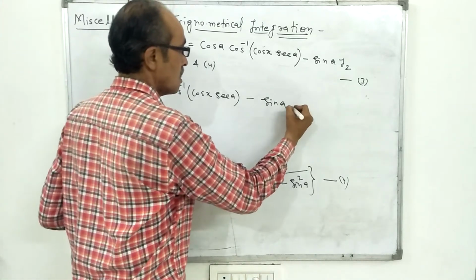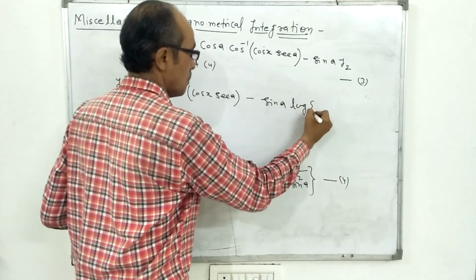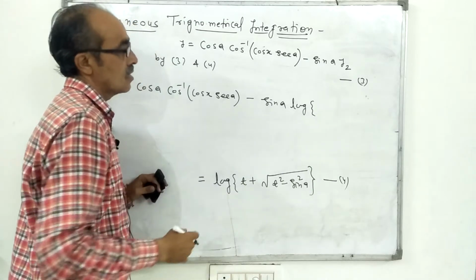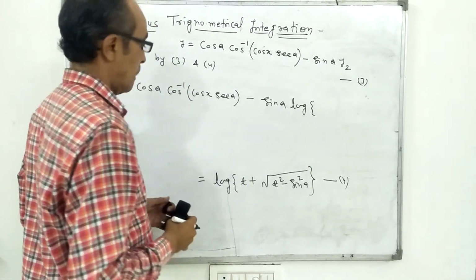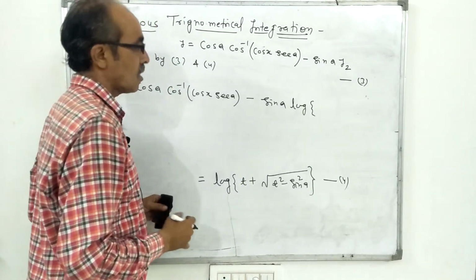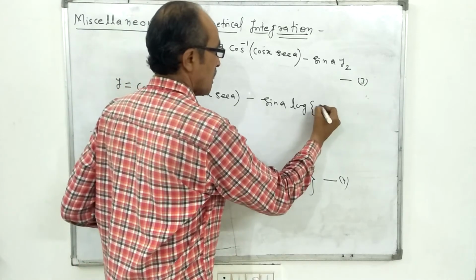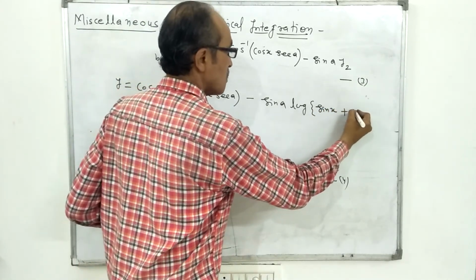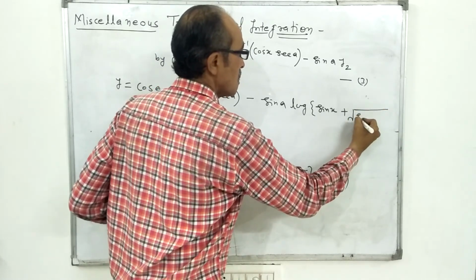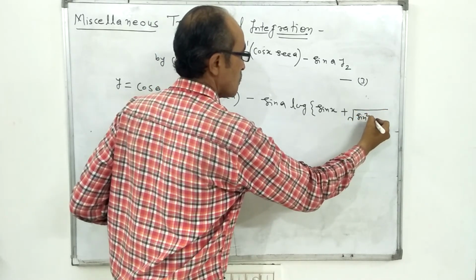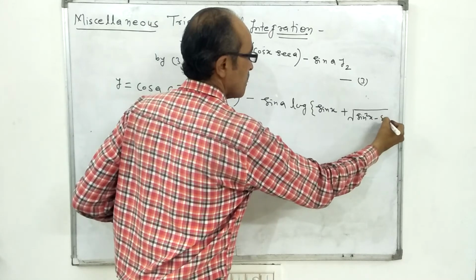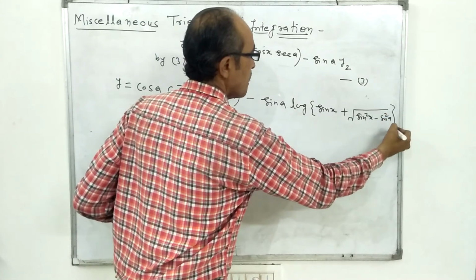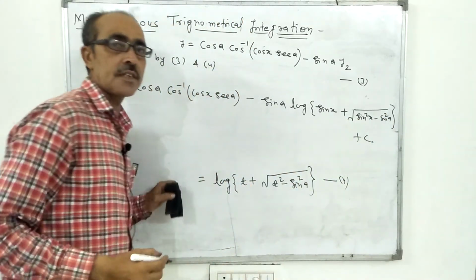I2 is log of sin x plus the root of sin square x minus sin square a, since the value of t is sin x, plus the indefinite constant c.